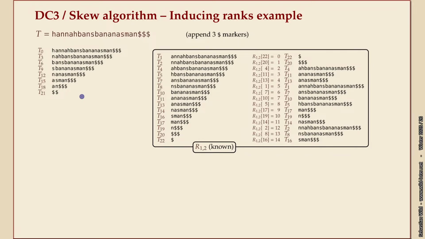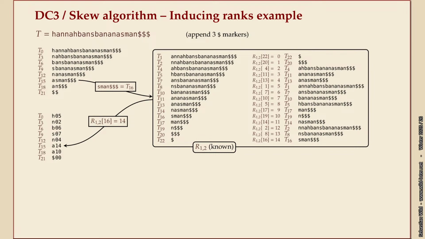So we take their first character and then replace all the rest with the rank of what's left, which in each case is just the suffix starting one character later. And that's always one where we have computed the rank already. Okay? So instead of sorting this, we're sorting this.